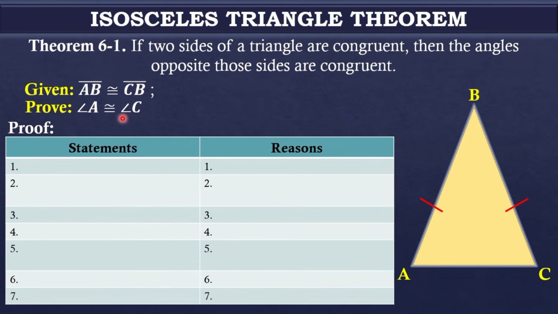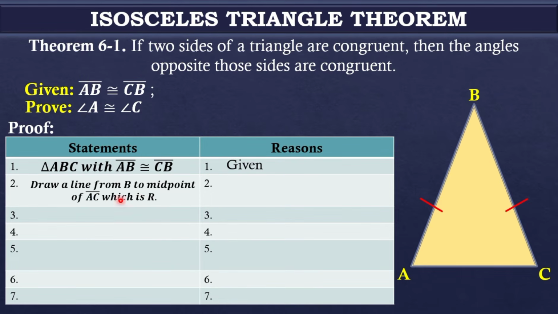So let's have the two-column proof. So our statement, we have first triangle ABC with segment AB is congruent to segment CB. So we have, this is given. And then from our given, let us draw a line from B to the midpoint of segment AC, which is R. So mag-draw tayo ng line from B to the midpoint.